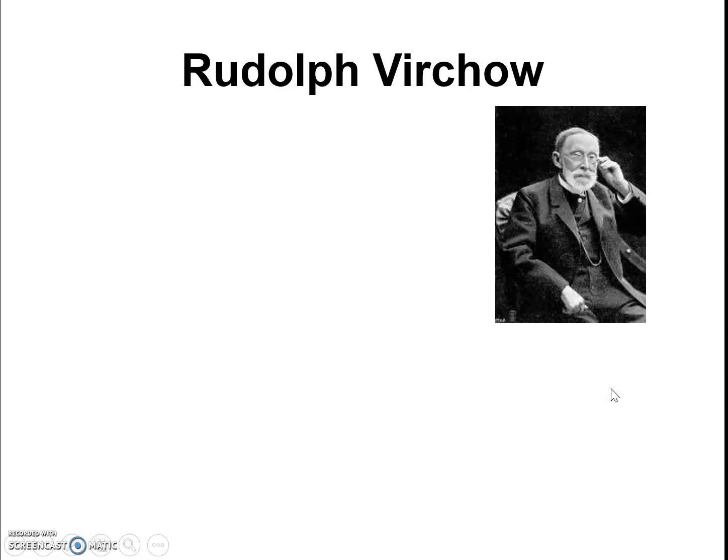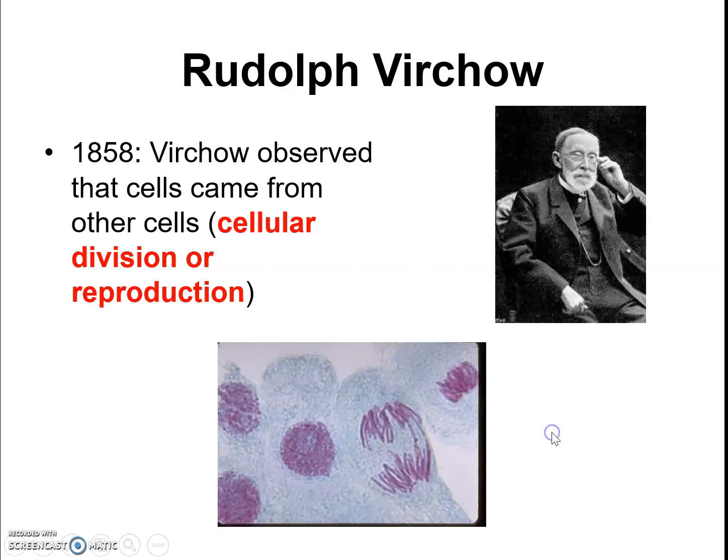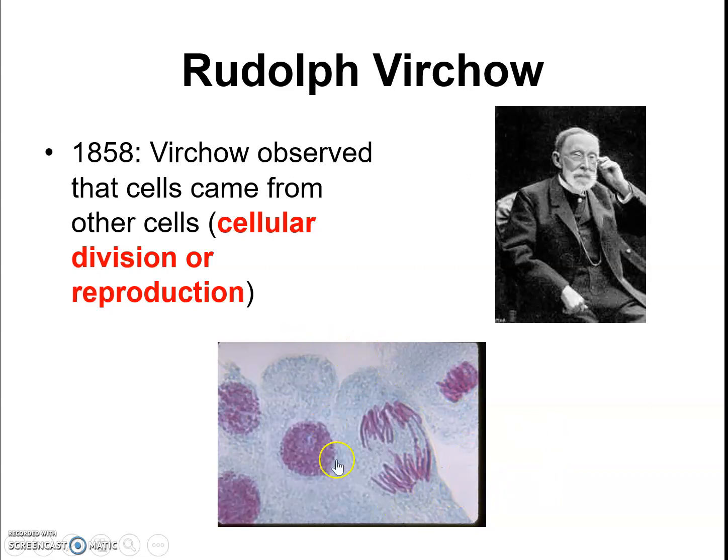The final contribution was by a gentleman called Rudolph Virchow. Virchow was able to observe for the first time a cell actually reproducing. He was observing some living cells, probably pond water, and saw that a cell divided in two. Here's an example of a cell undergoing a stage of mitosis. If you remember from your sophomore biology, that would be the stage called anaphase.